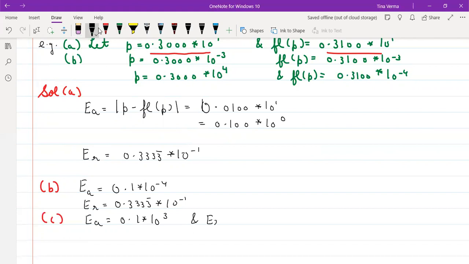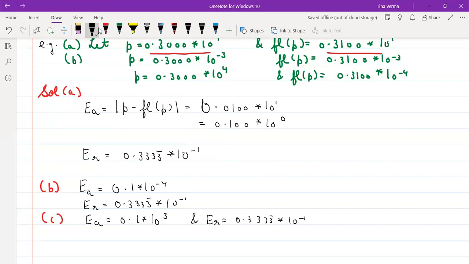And the relative error comes out to be 0.33 into 10 raised to the power minus 1.